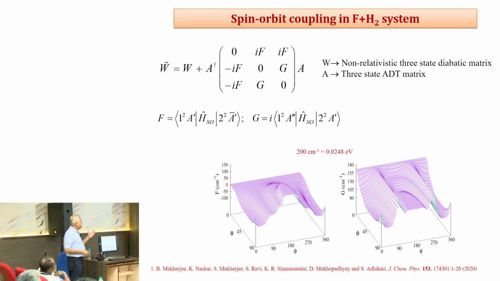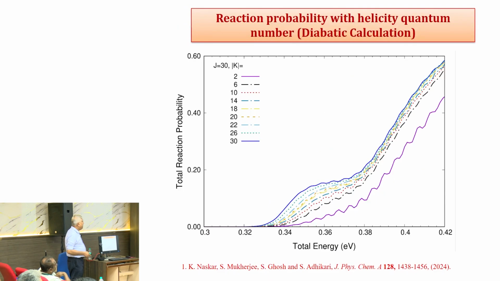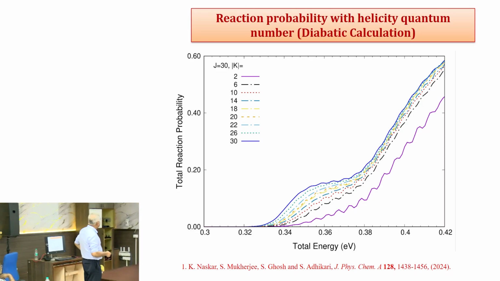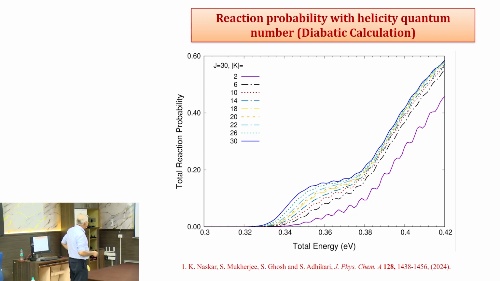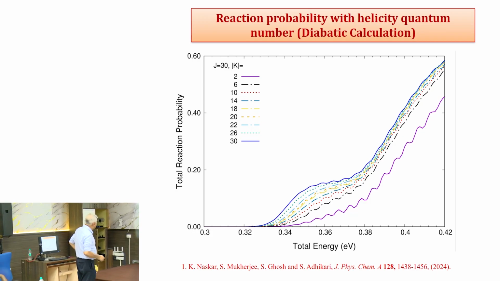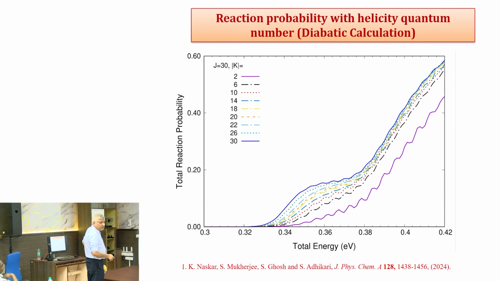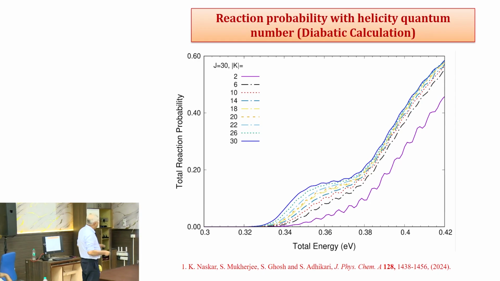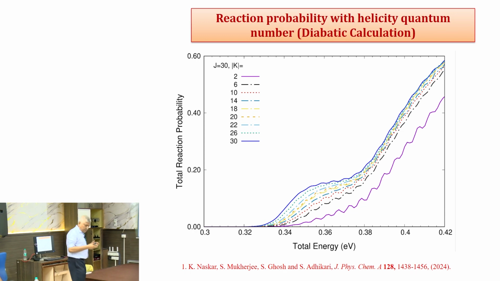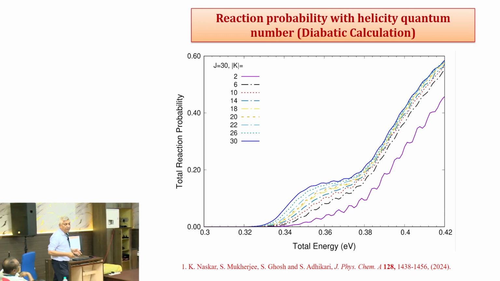Of course, this is within the approximate one-particle approximation, whatever is available, and this is very important, Soti, because you see, as you increase the K, how all the partial waves are important for a particular J, the results are converging. So the centrifugal approximation is not a good approximation.